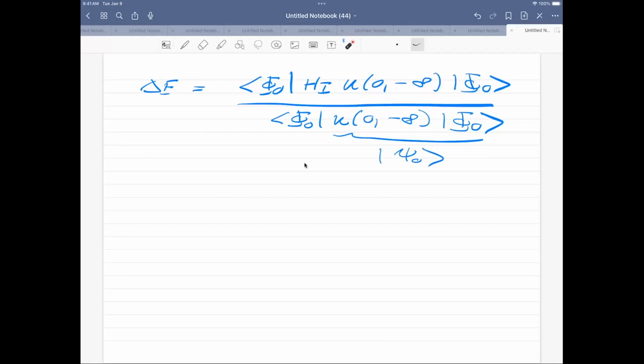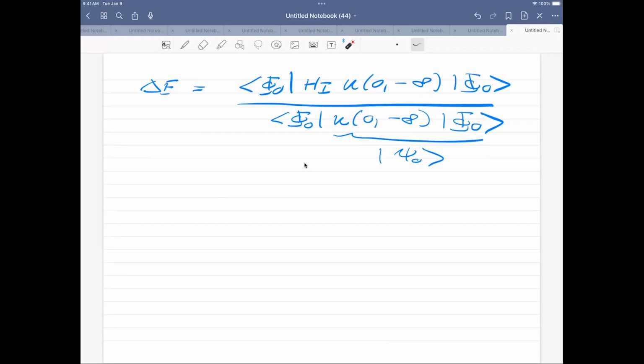Since we are using this adiabatic hypothesis, that requires that this alpha is very small in order for it to be applicable. And clearly an obvious solution is that when we take alpha goes to 0, the interaction is switched on infinitely slowly.